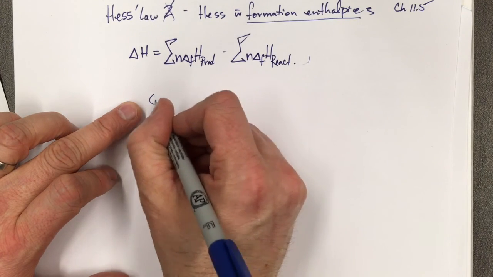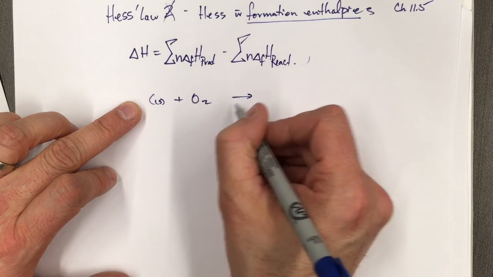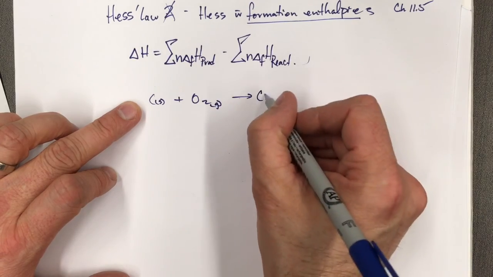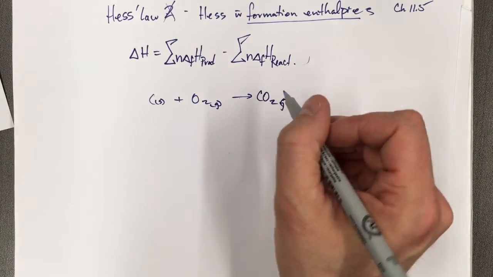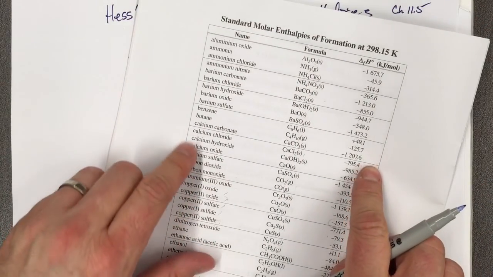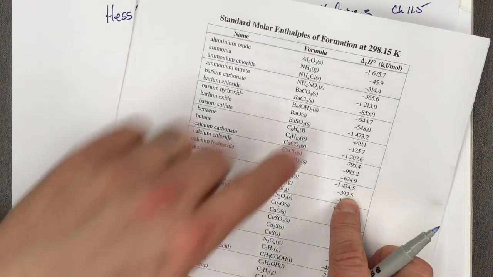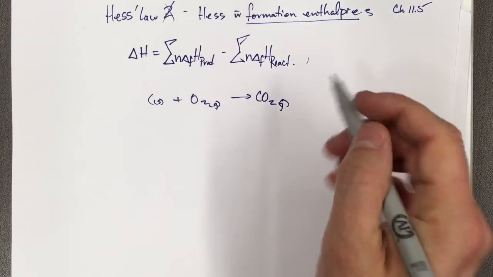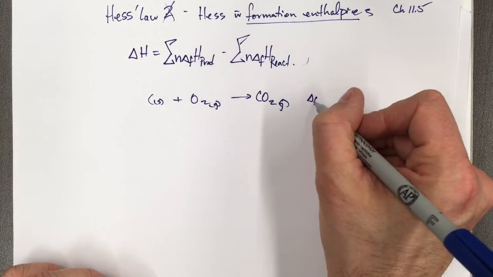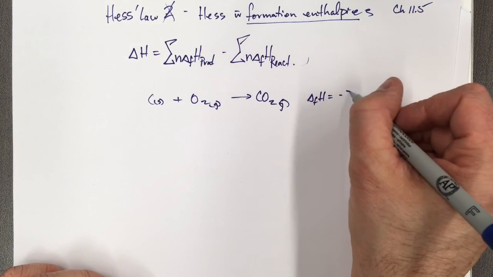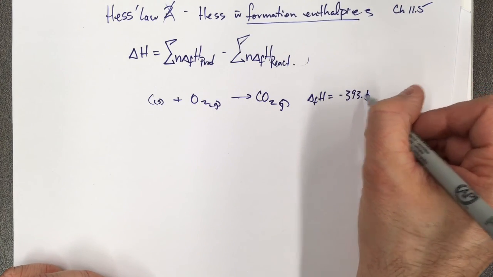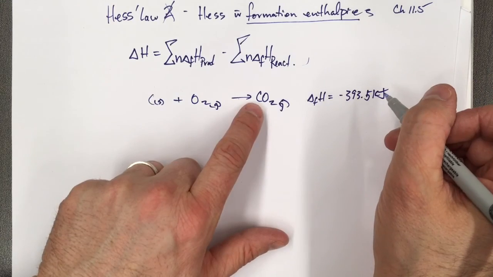If I have carbon solid plus oxygen to make carbon dioxide gas, the data booklet gives us a molar enthalpy of formation of carbon dioxide of negative 393.5 kilojoules per mole. So the enthalpy of this reaction, which is a formation, is negative 393.5 kilojoules per 1 mole.